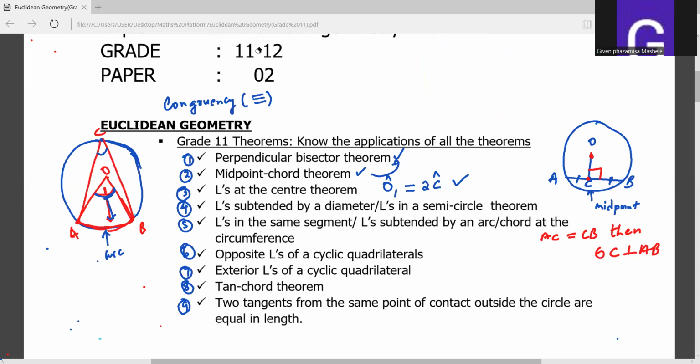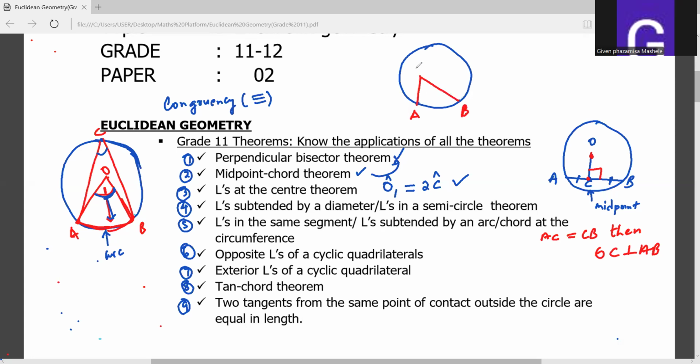So it can also be in this form. We can have something like this. A circle. Within the circle, we have an arc. Let's call it arc AB. So we have AB as our arc. Then within this arc AB, we form an angle at the center.